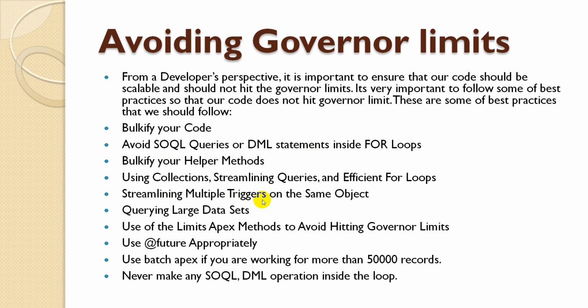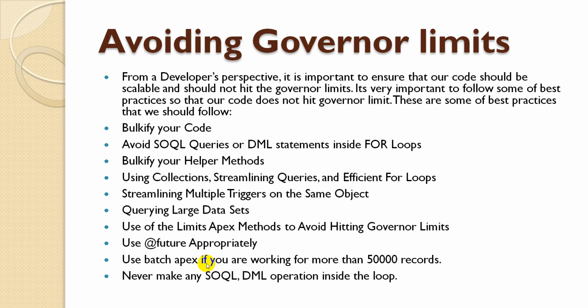Streamline multiple triggers on the same object. When querying large data sets, use Limits Apex methods to avoid hitting governor limits, and use the Future method appropriately.